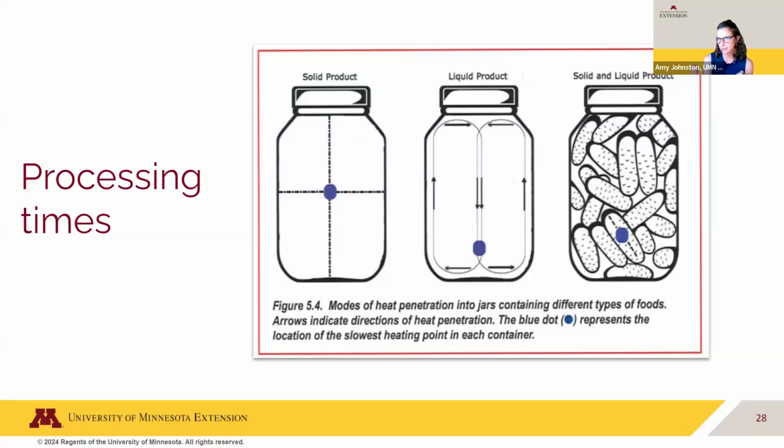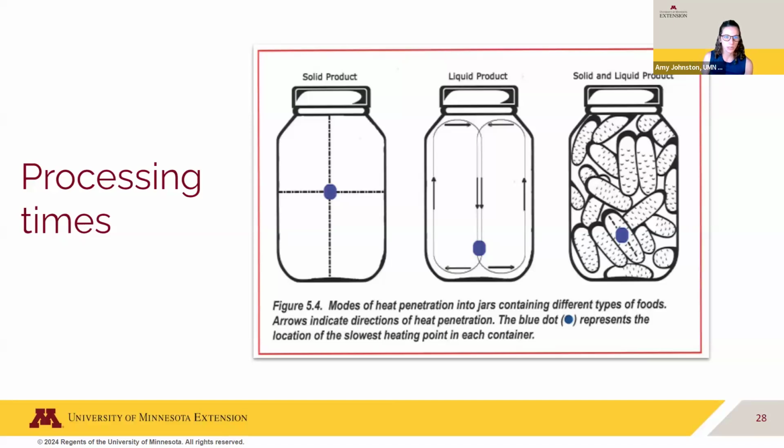It's not just going to be at the top. So all the contents in the jar need to be heated to the same temperature for a minimum period of time. And a safe, tested recipe is going to have all of that figured out for you. And that's the processing time.